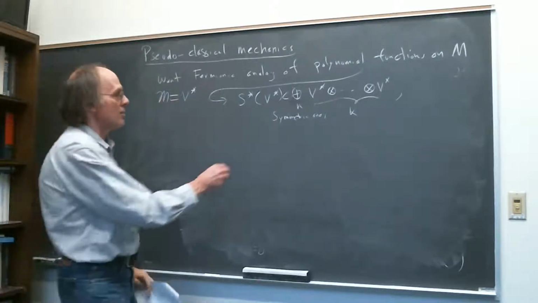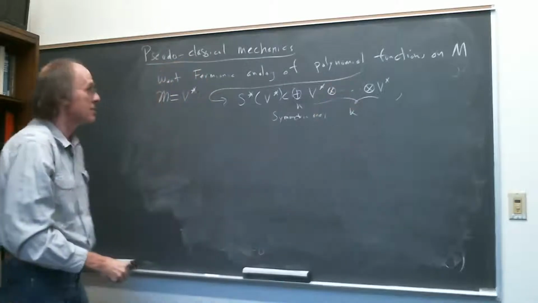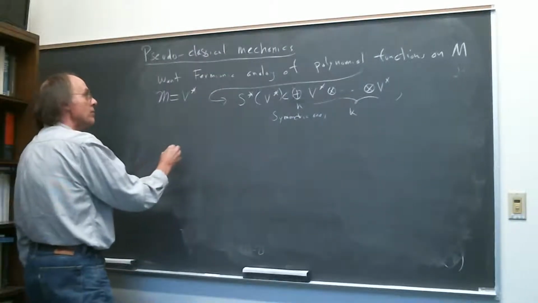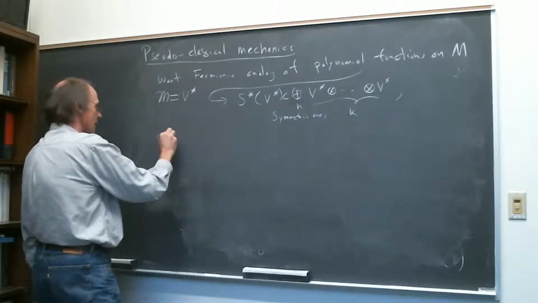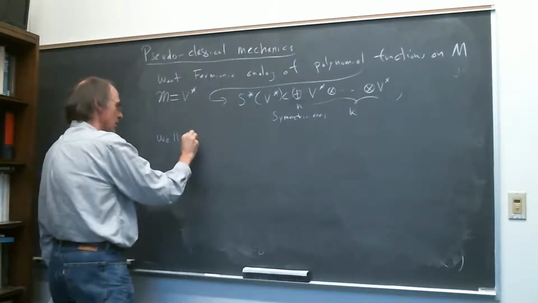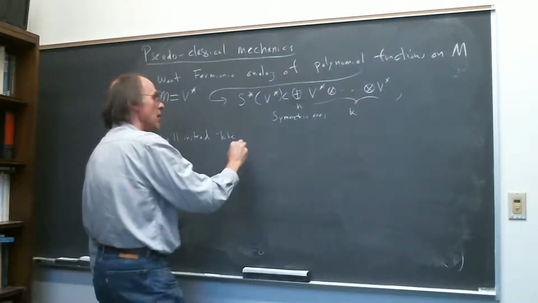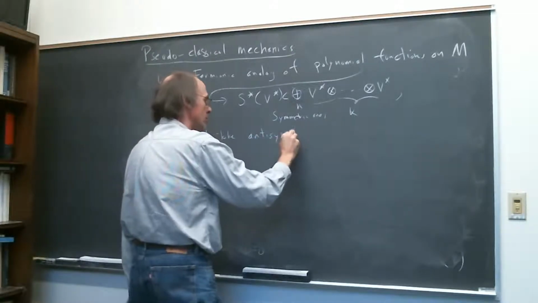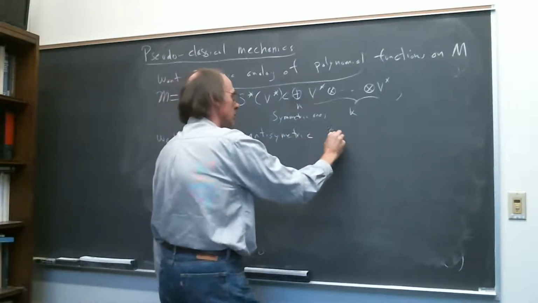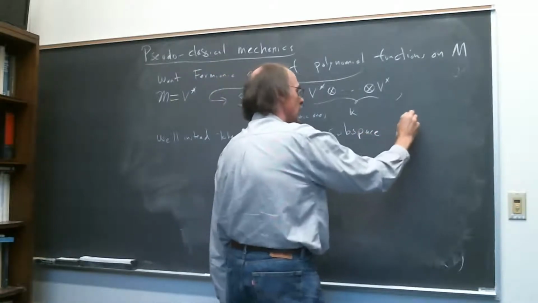Anyway, this is the kind of abstract nonsense. The reason for thinking in terms of this is that we'll instead make it the anti-symmetric, the so-called lambda star.